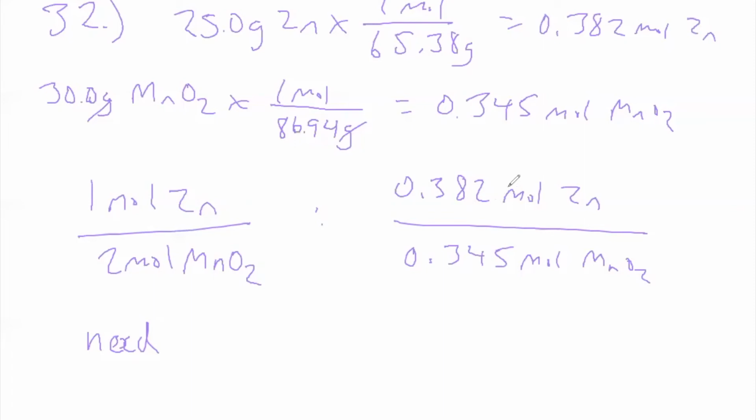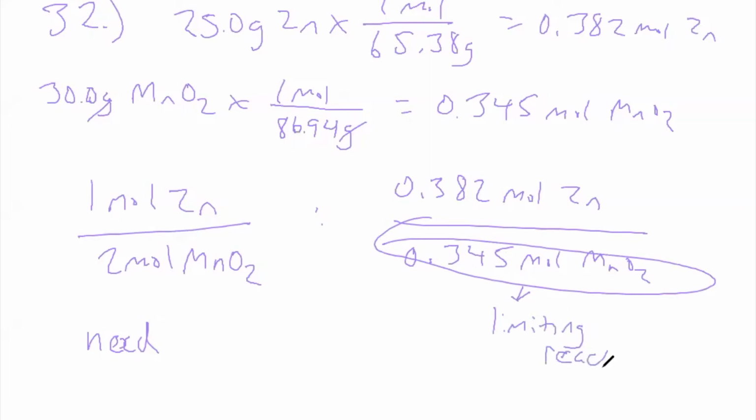We would, but we don't have near that of manganese dioxide. So because we don't have twice the amount of MnO2 as zinc, we know that this one has to run out first. So this is limiting because it runs out before the other one does. So manganese dioxide is the limiting reactant because it is not twice the number of moles of zinc.